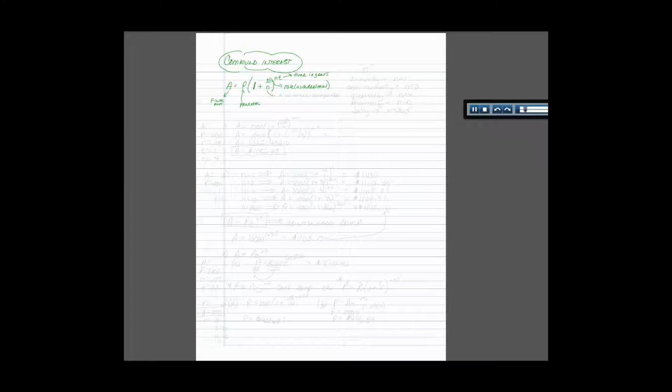And now let's talk about the N, which appears in 2 places. You'll see it both places there. That has to do with the number of times that the interest is compounded. And we're going to talk about exactly what that means. So for example, let's talk about N here. If it's compounded annually, that would be 1 time a year, so N would be 1.